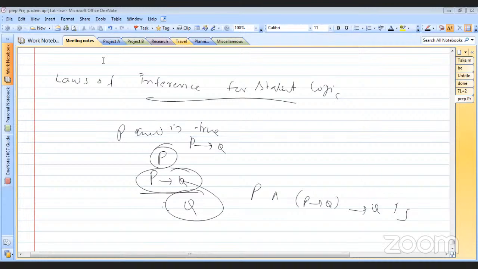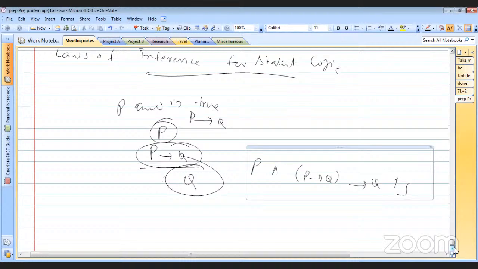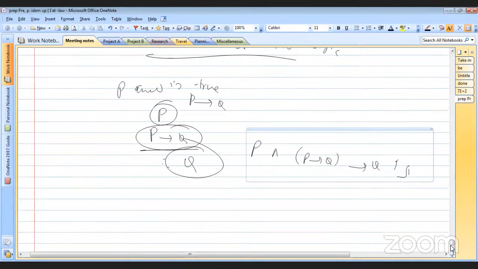So the rule of detachment or modus ponens is a valid inference. It is taken as a tautology.